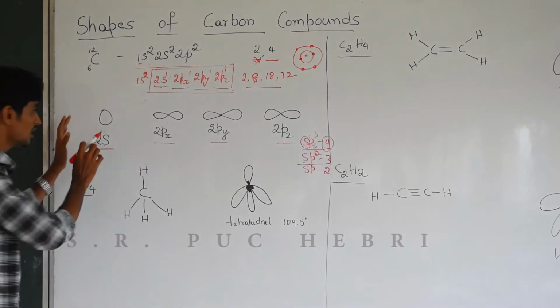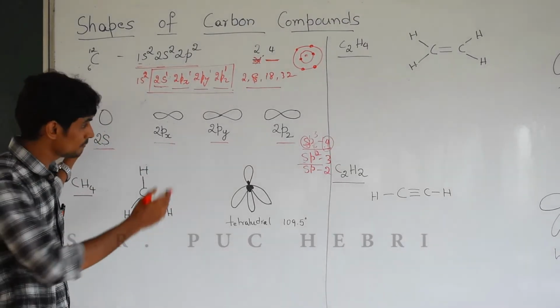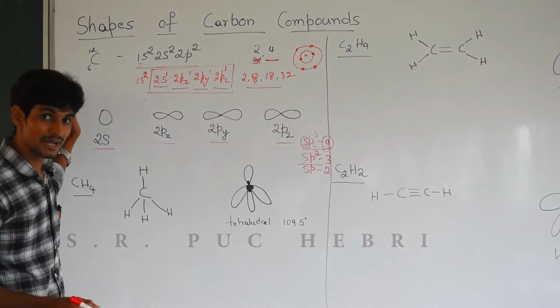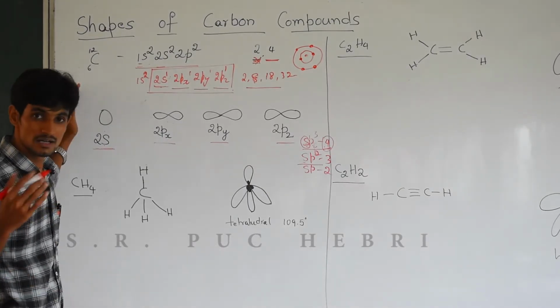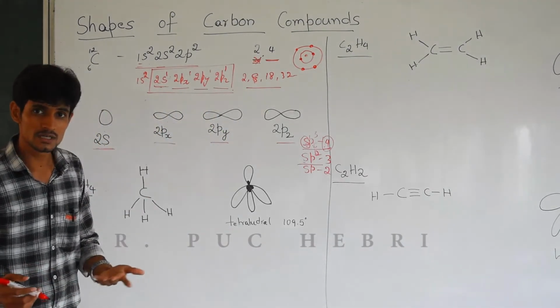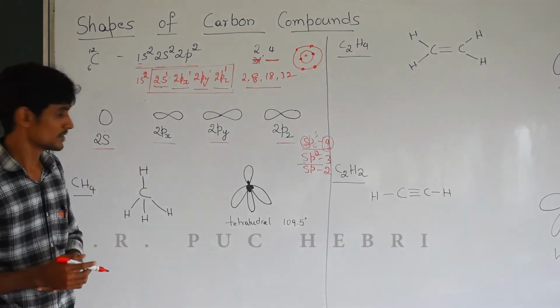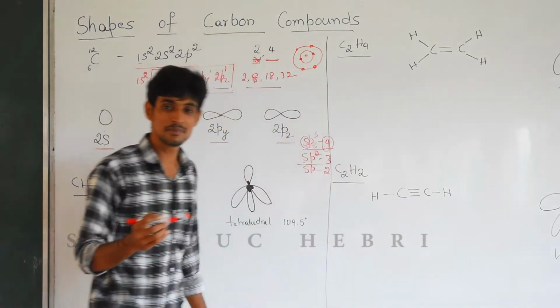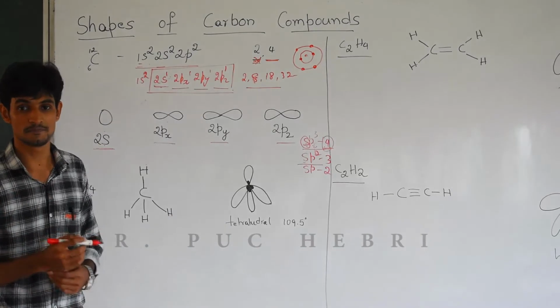Before the mixing, s has a different shape and different energy, and these three have different energy and shape. But after the mixing, all these four get the same energy and same shape.